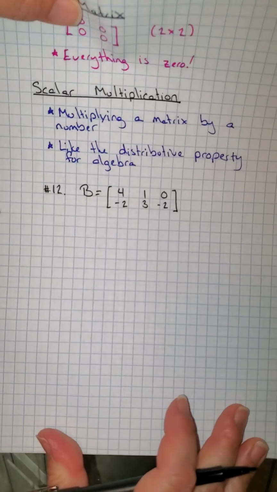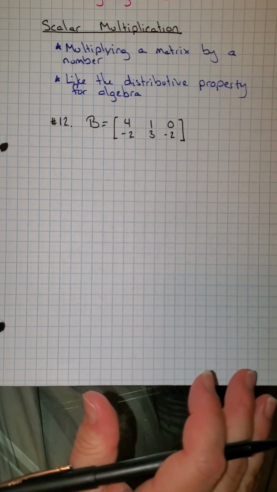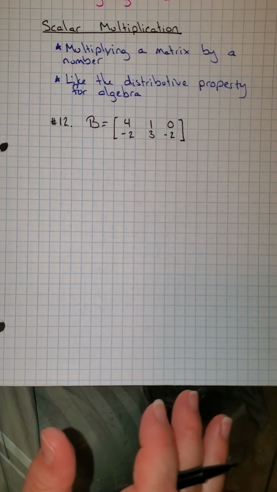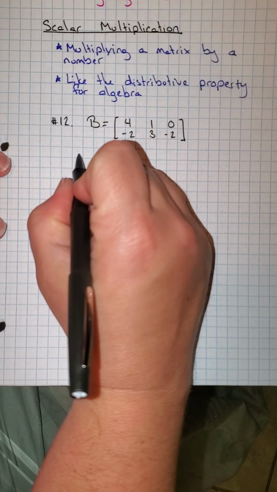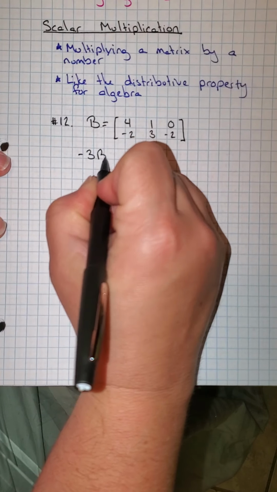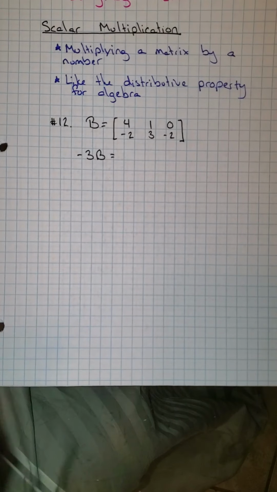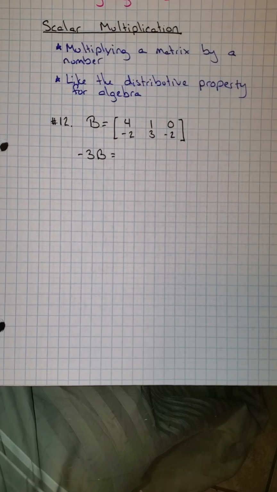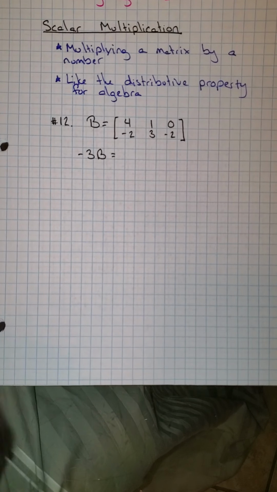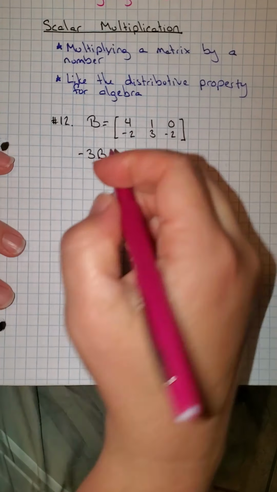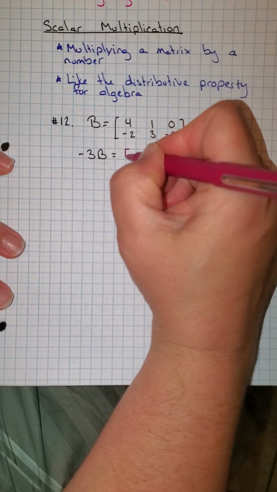Okay, so that's our matrix B. And number 12 says define -3B. So -3B would just be -3 times the entire matrix of B, and you just multiply it times everything.